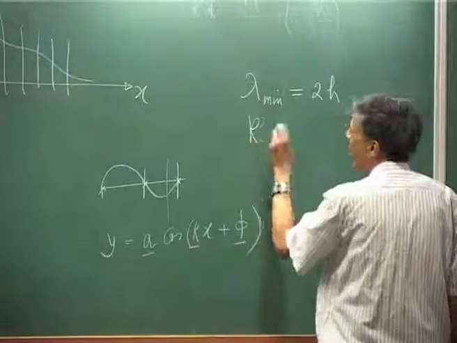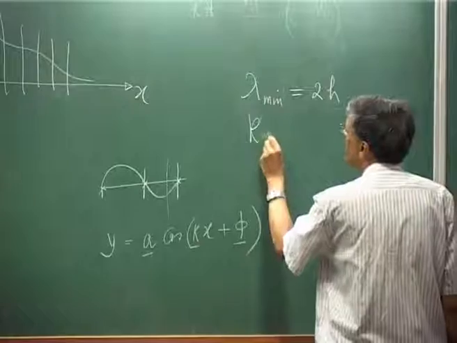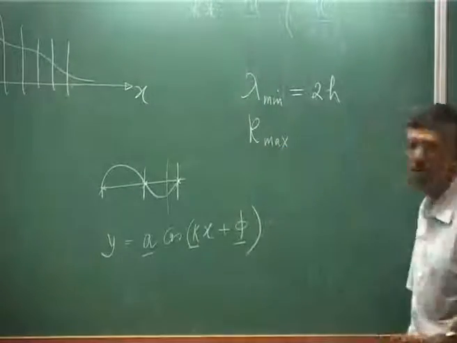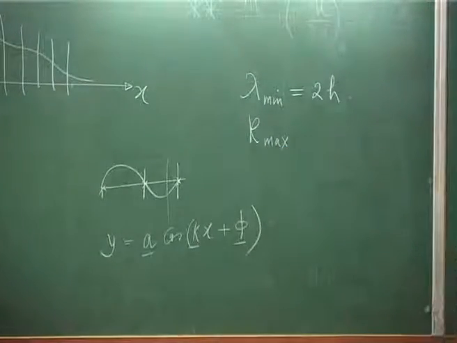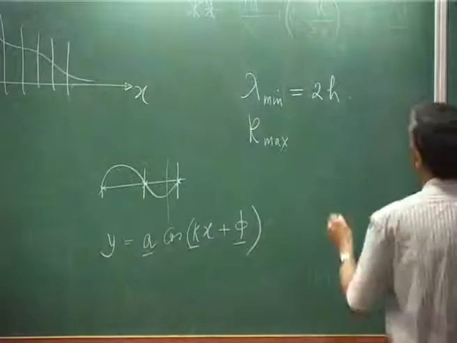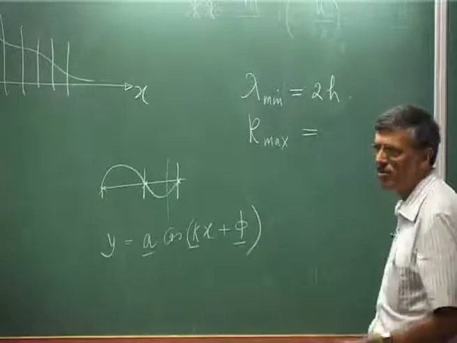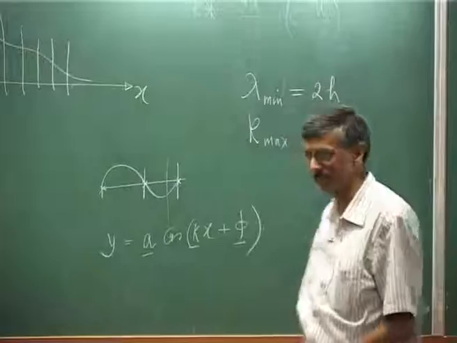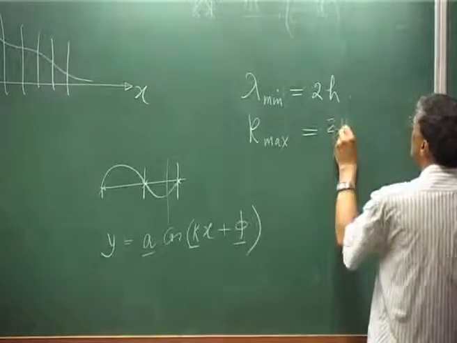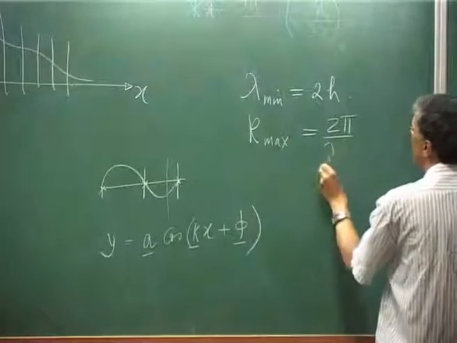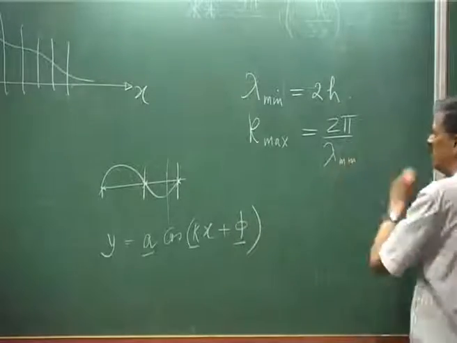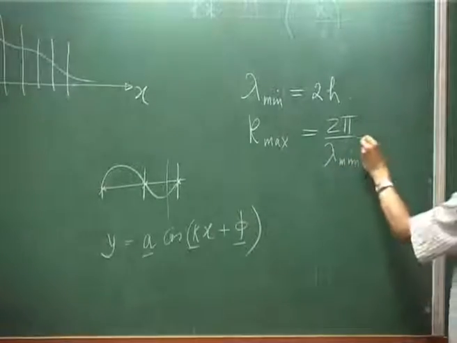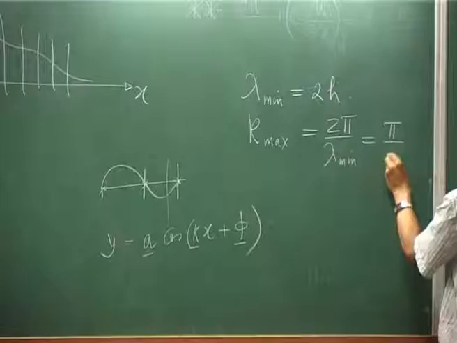So, what will I get? The corresponding k would be the maximum. K max would be what? The number of waves in length 2 pi, right. So, I will write 2 pi by lambda min. This is the definition of wave number. So, what I get is pi by h.